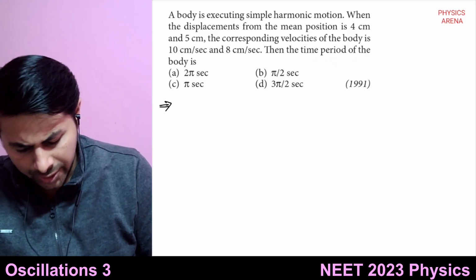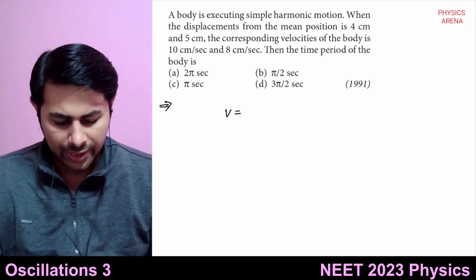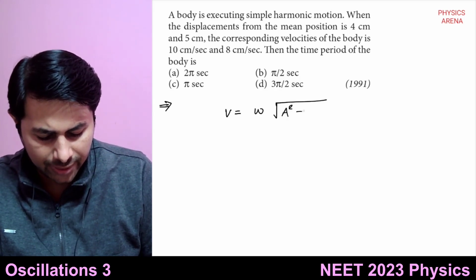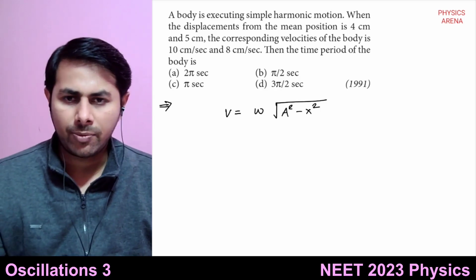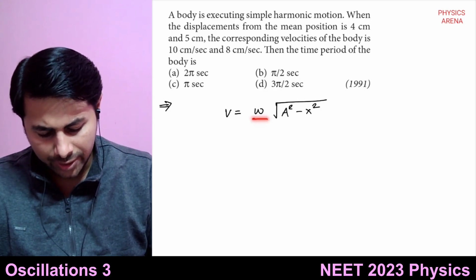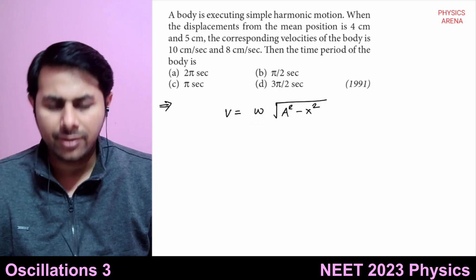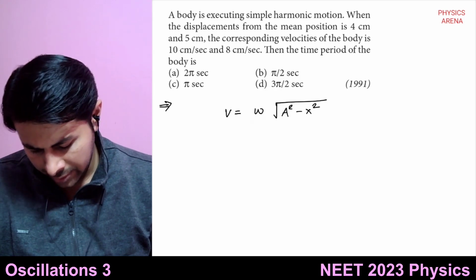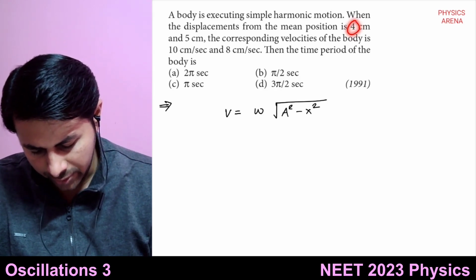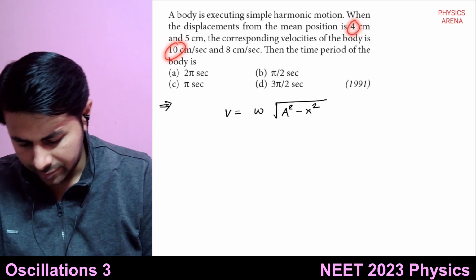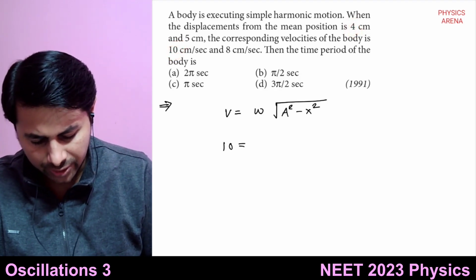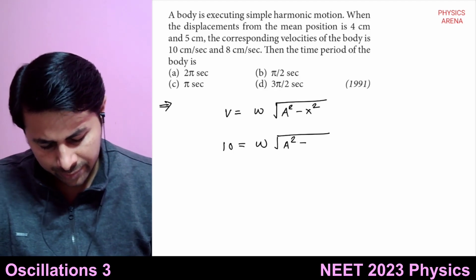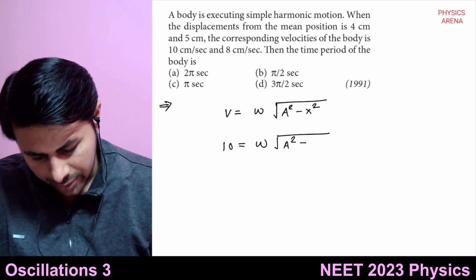So here we can use this formula: v equals omega square root of a square minus x square. So when x is 4, v is 10. From that we get one equation: 10 equals omega square root of a square minus 4 square.